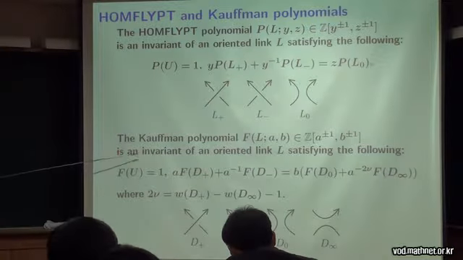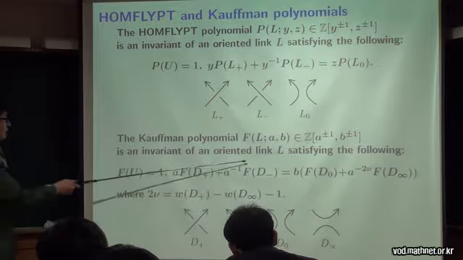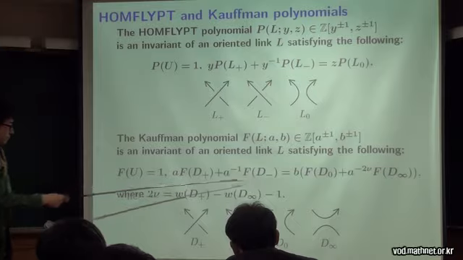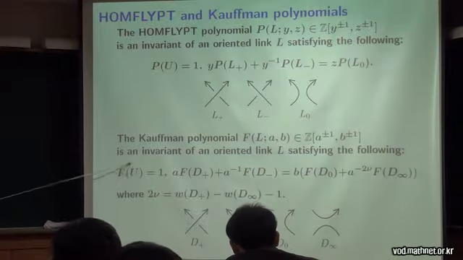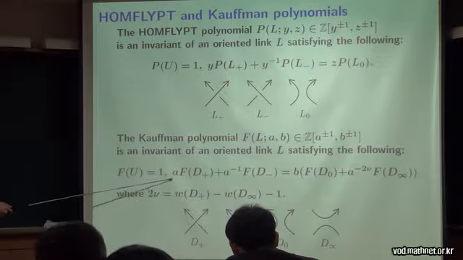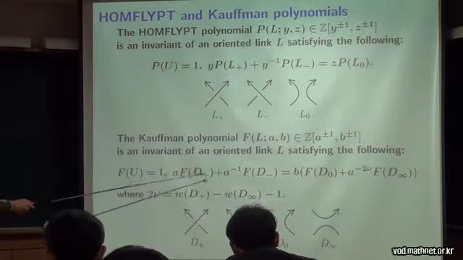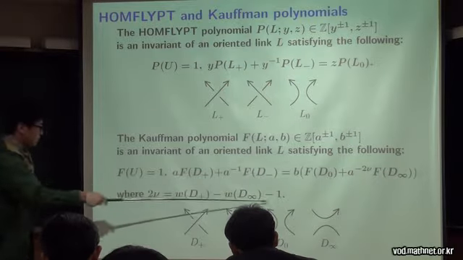And the Kauffman polynomial is also an invariant of an oriented link satisfying this skein relation. The Kauffman polynomial of the unknot is equal to 1, and for a skein quadruple D plus, D minus, D0, D infinity, we have this relation.